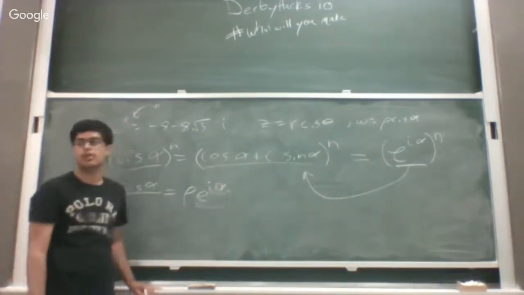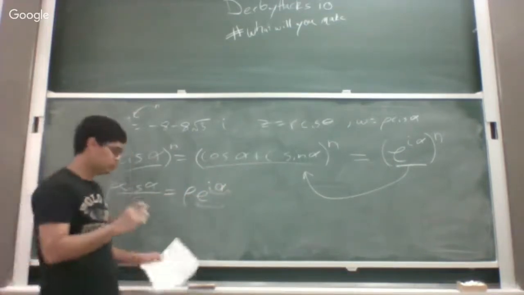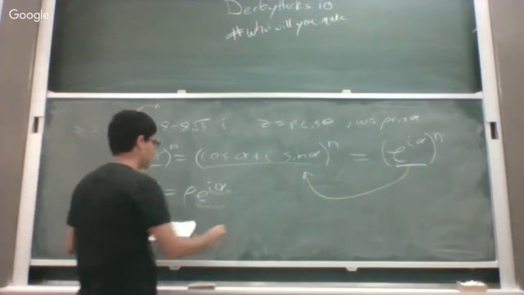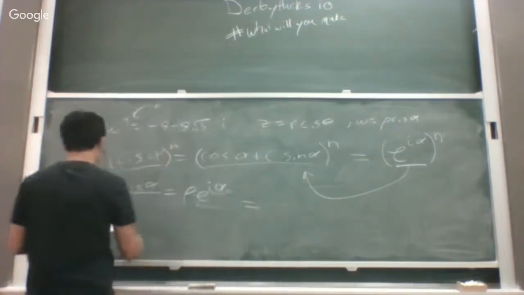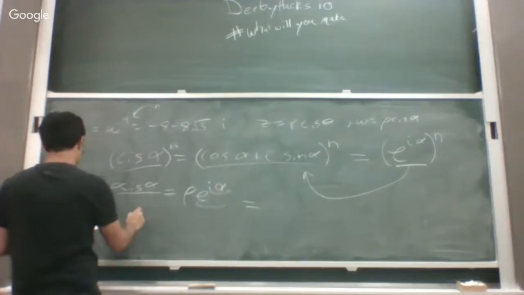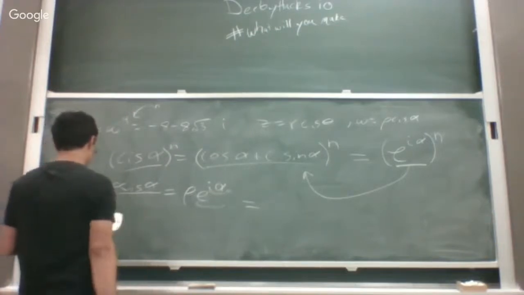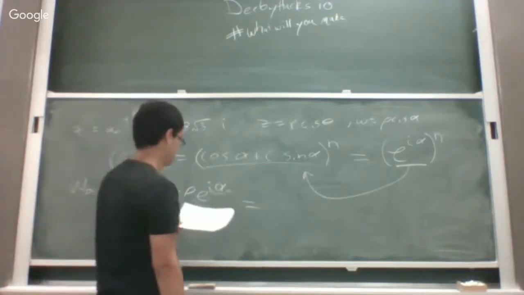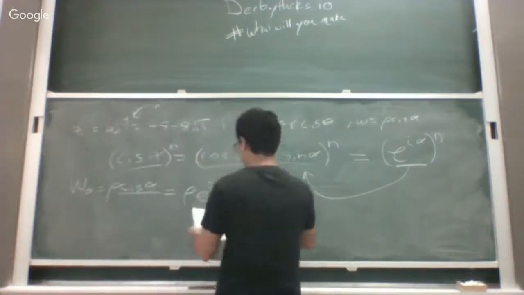Okay. So then when we're trying to find W naught, that's when k is equal to 0. So then our equation becomes: rho we found was equal to 2.